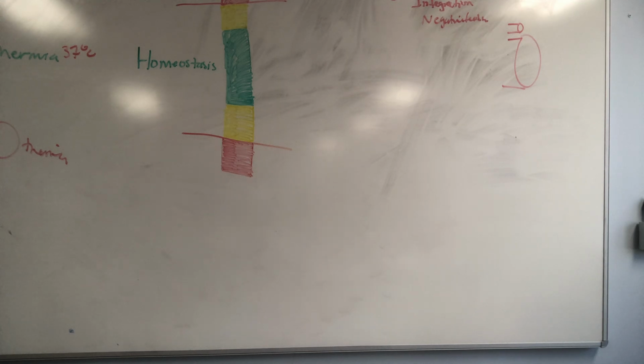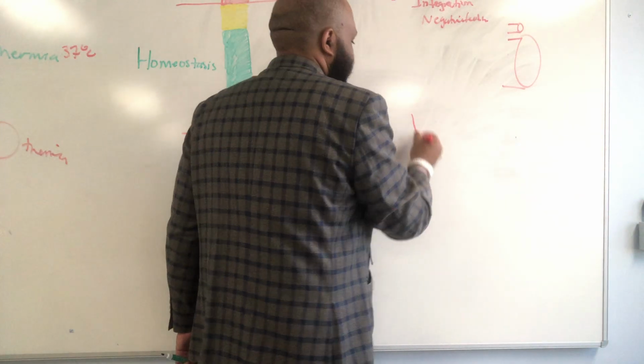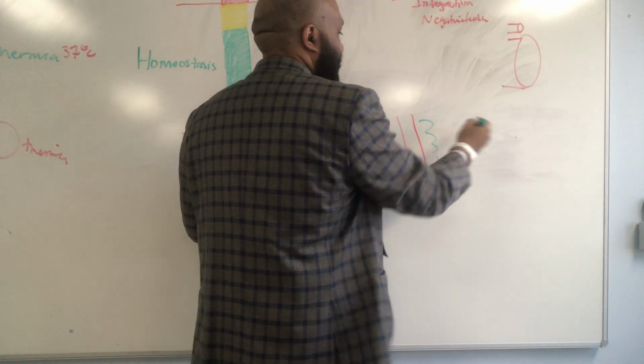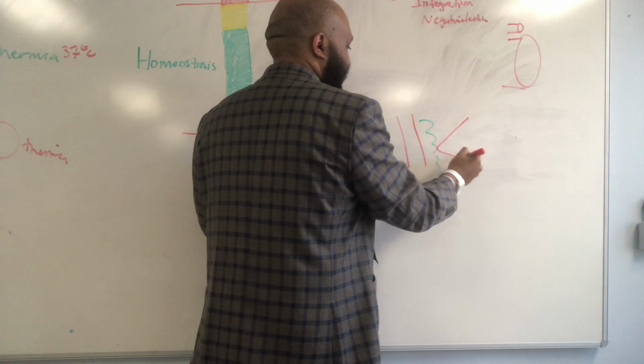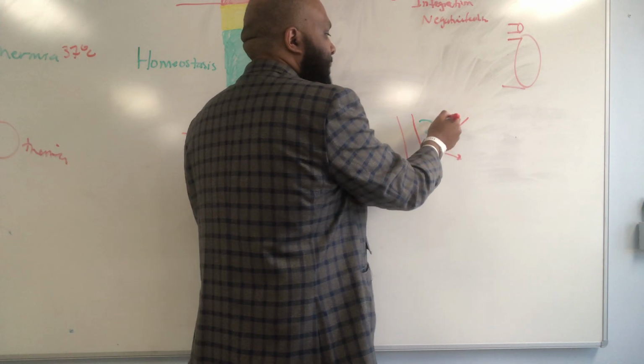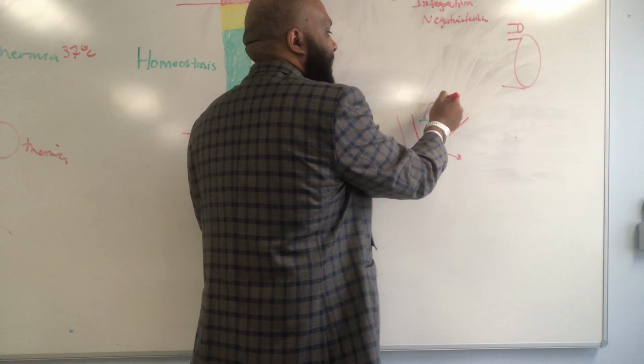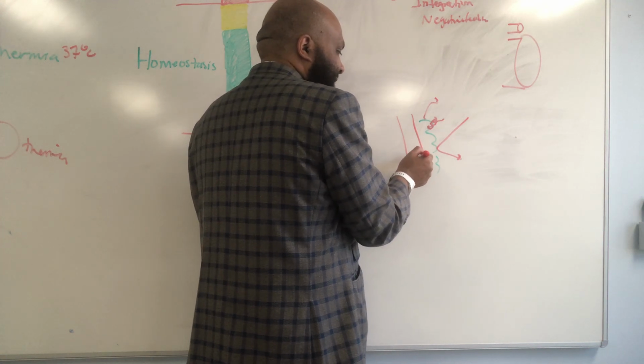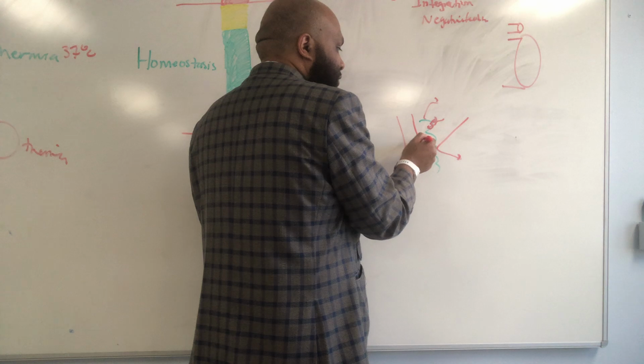So that's how. And then when you secrete the sweat, let's say that's your skin and that's sweat. So sweat is deflecting the sunlight and absorbing the sunlight and evaporating. And from inside, the heat is being absorbed by sweat.